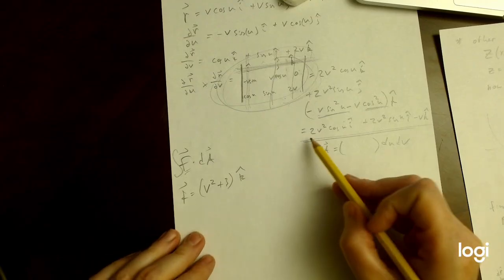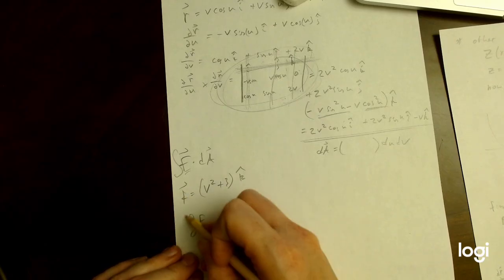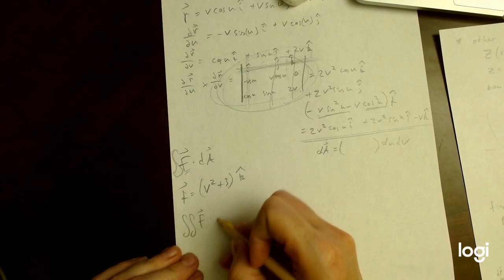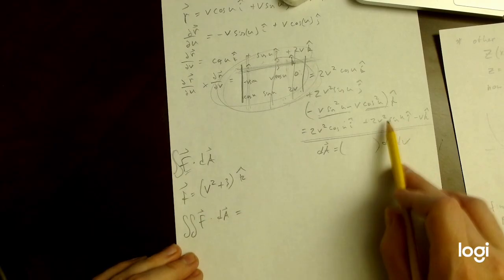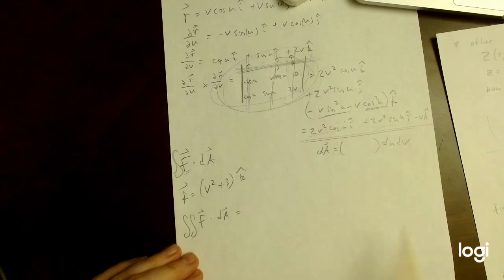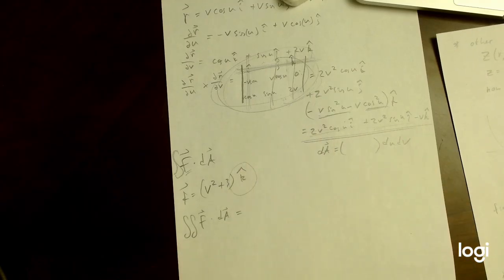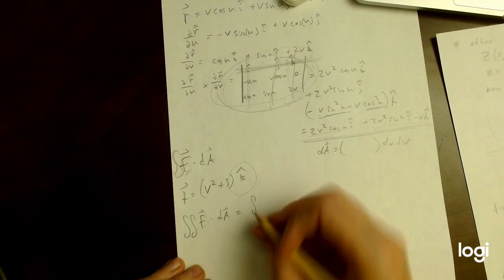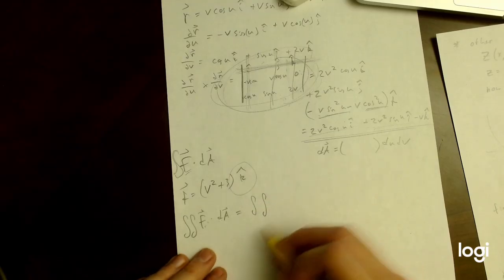So this only has a z component at all. So here, when we do this dot product, if we do the double integral of f dot dA, conveniently enough, we're not going to have anything from the i hat or j hat terms, because the vector field itself only has a k hat component, and we're doing a dot product between them. And so here we still have a 2D integral over the whole surface.